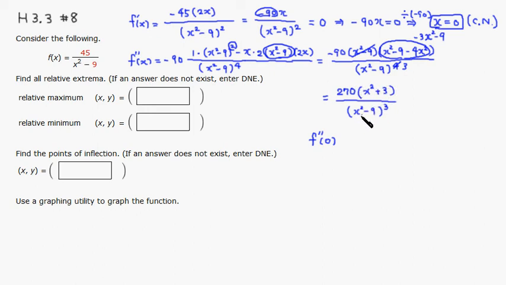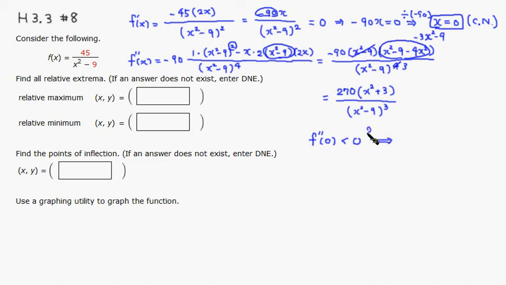And 0 squared minus 9 is negative 9, cubed is negative. So positive on top, negative on the bottom, so the whole thing is negative.